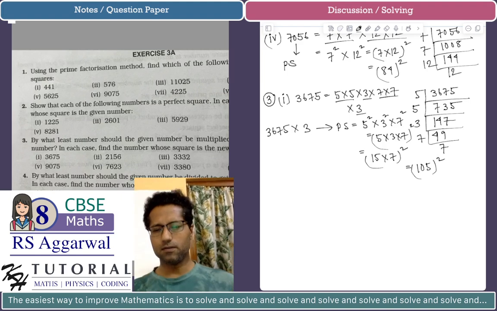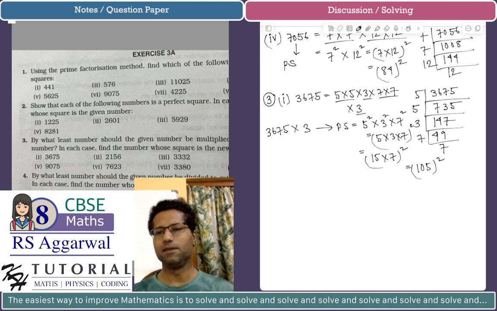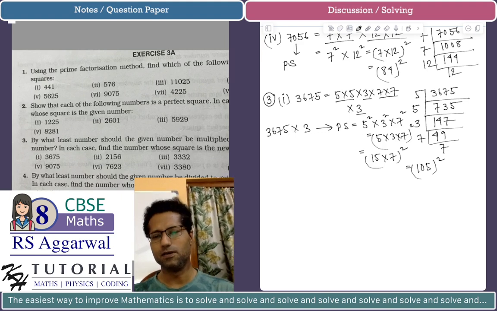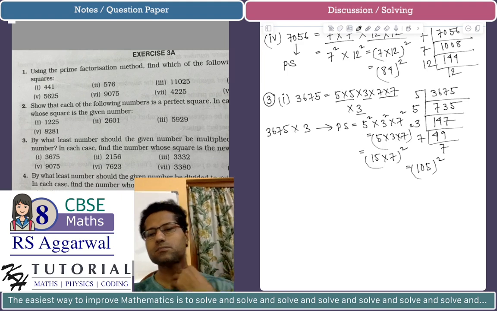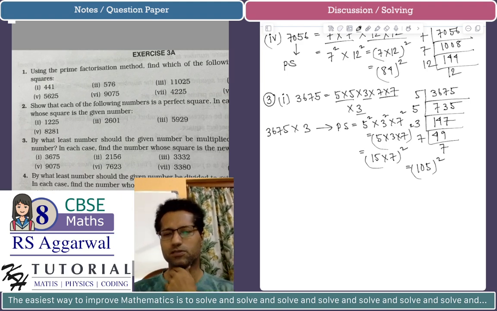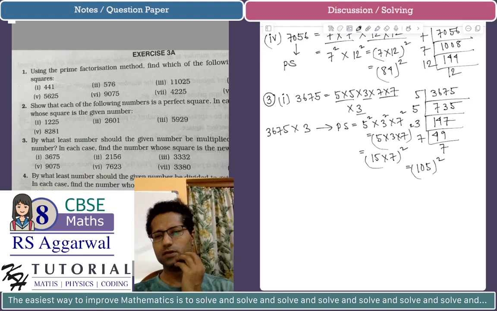Now 105 whole square is the new number. What is the new number? The number that we have found by multiplying 3675 with 3. Now why 3? Because from the prime factorization of 3675 we see that only the number 3 is left behind, and the other factors are clearly making pairs of equal factors, 5 into 5 and 7 into 7.